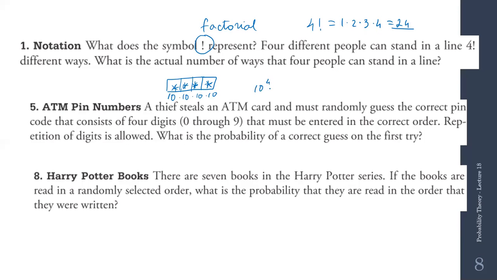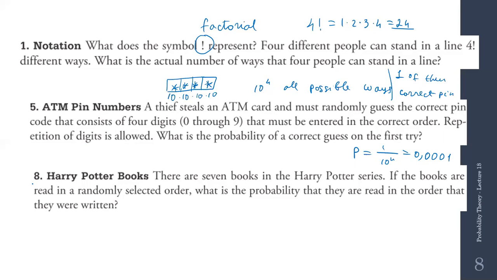You get 10 to the 4, all possible ways, and only one of them is the correct PIN. So probability P equals 1 over 10 to the 4, which is 0.0001.